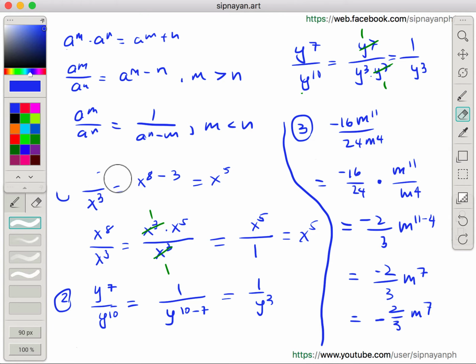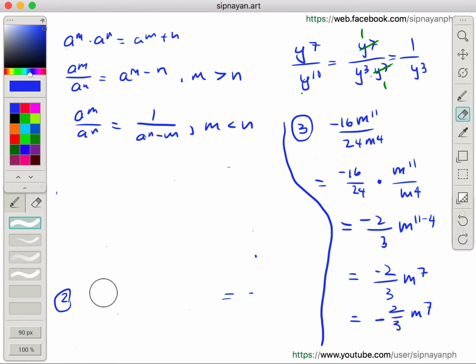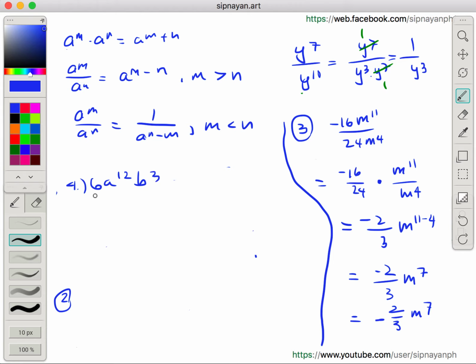Okay, last number, we have 6a raised to the 12th power times b raised to the 3rd power divided by negative 3 a raised to the 4th power and b raised to the 9th power.